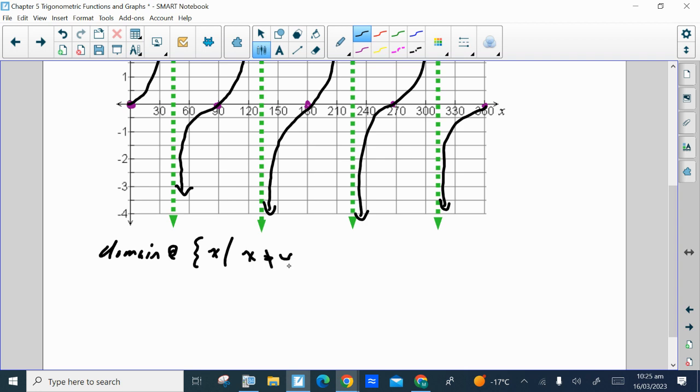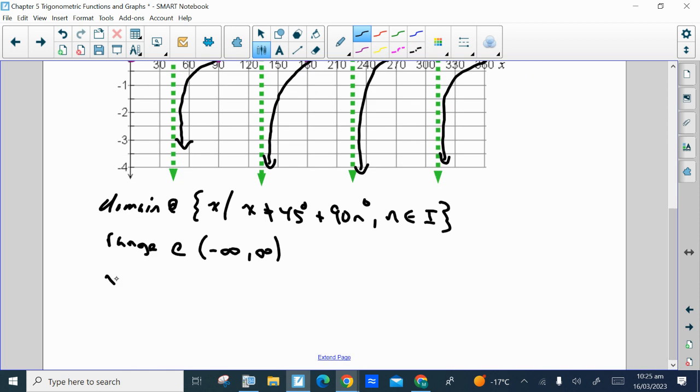So x cannot equal 45 degrees plus 90n degrees because now our period is 90 degrees. Our range hasn't changed. It never will, even if the graph is shifted up or down.